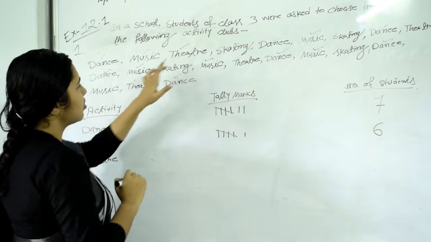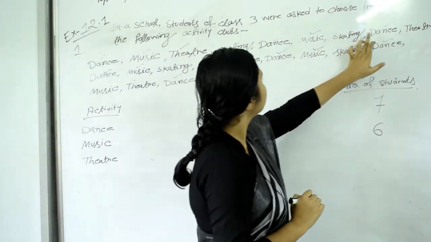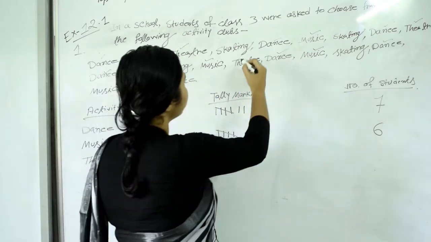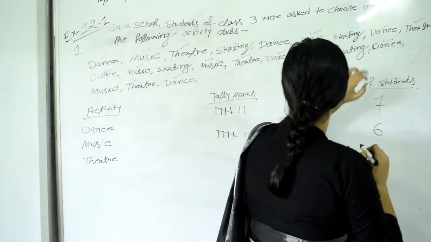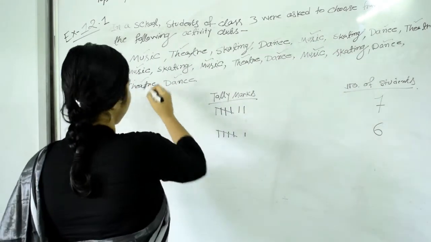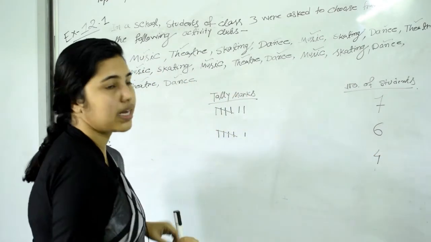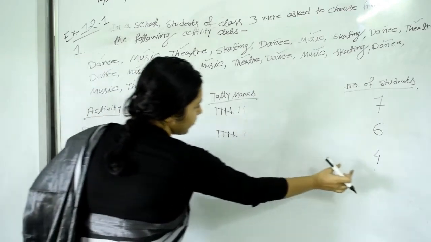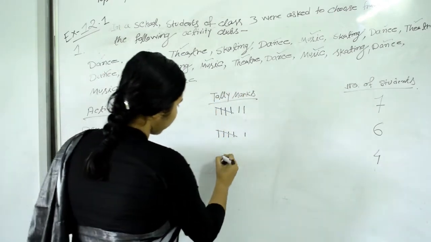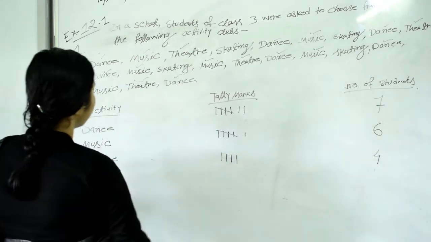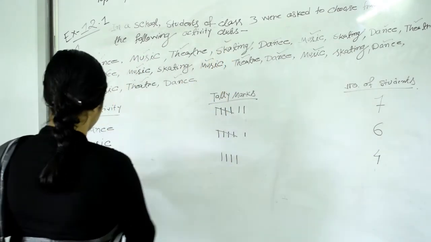Next, consider theatre. Again count 1, 2, 3, 4, which means 4 students like theatre. Again represent this number 4 as tally marks 1, 2, 3, 4. Next, skating.